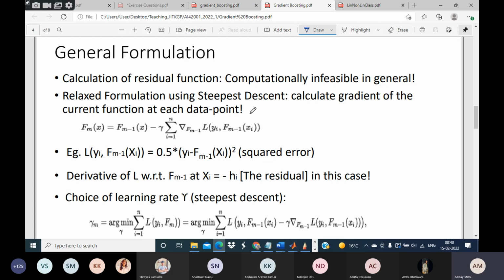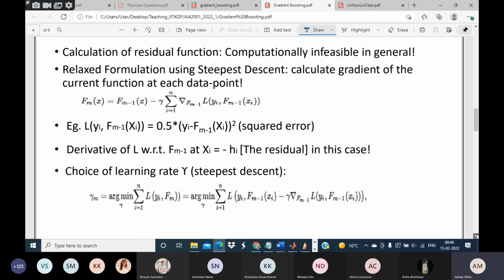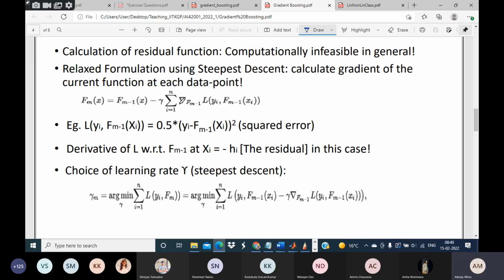So we write the residual in the form of a Taylor series expansion. The higher order terms we ignore, and we just focus on the first term, which is the gradient. Based on that, we formulate the problem of defining the next level function f_m(x) as a gradient descent problem, or the steepest descent problem.